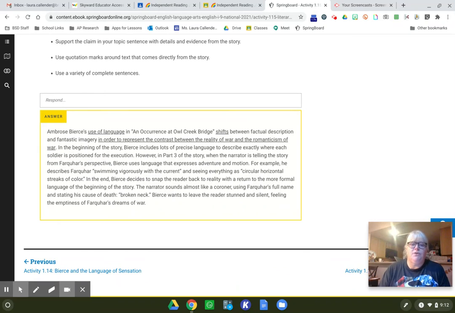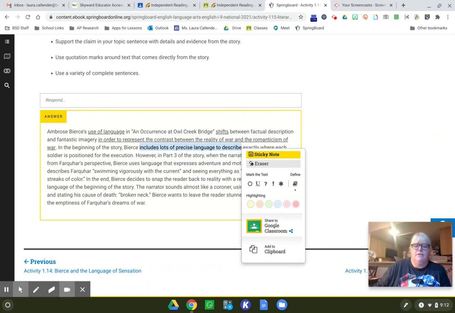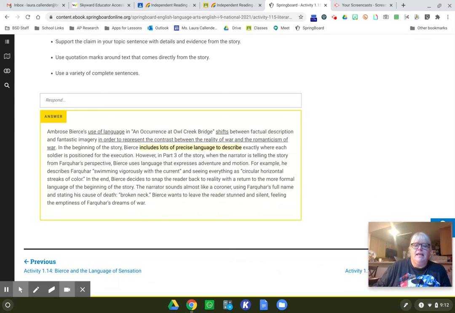A couple things I want you to notice. There are no super long quotes here. You don't need them. So we're not retelling the story. He only includes the details that are important to proving the claim. Okay? So he explains that he includes lots of precise language to describe. Okay? And then he gives an example of some of that language, right? But a very short piece.